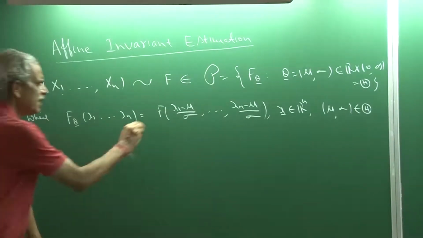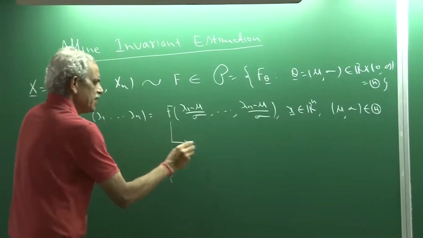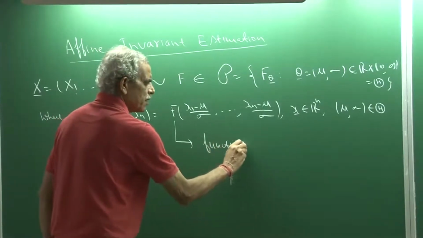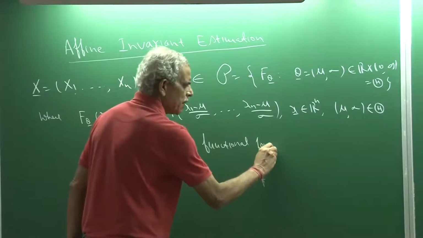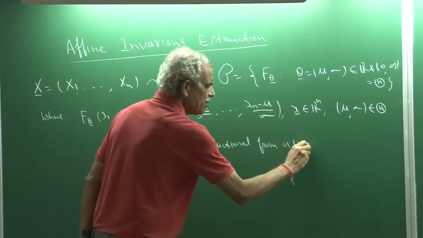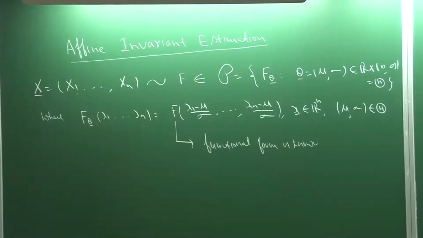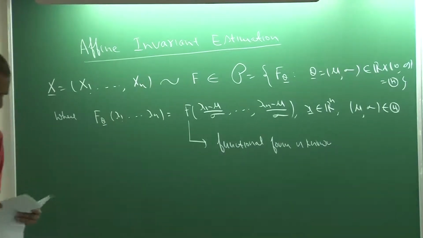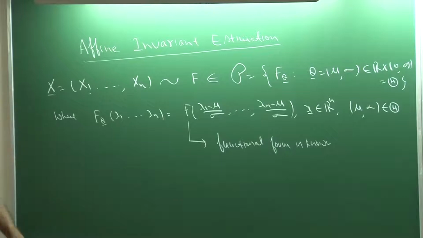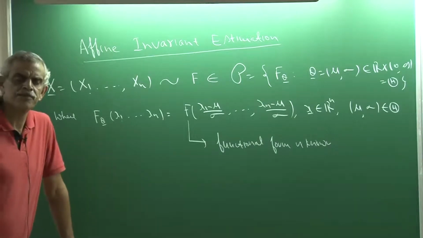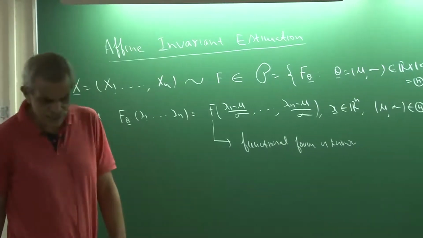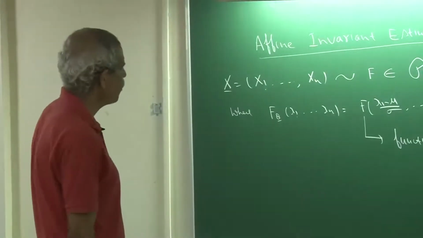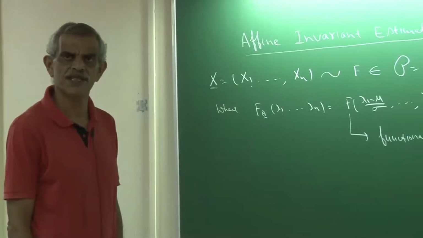What we assume is that the functional form of this is known. That means what is unknown in this whole model are the parameters mu and sigma, and so one can talk about estimation of different functions of mu and sigma. The first thing we tried to look into is the appropriate group of transformations under which this problem remains invariant.